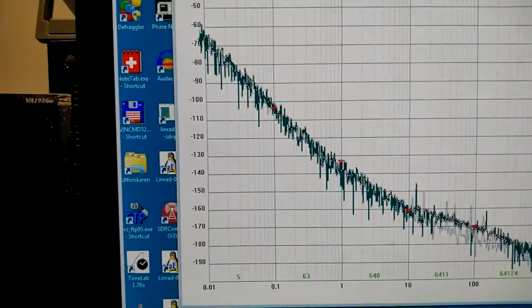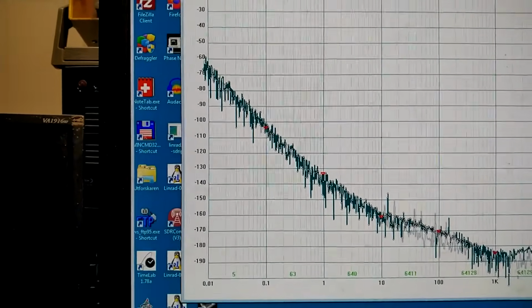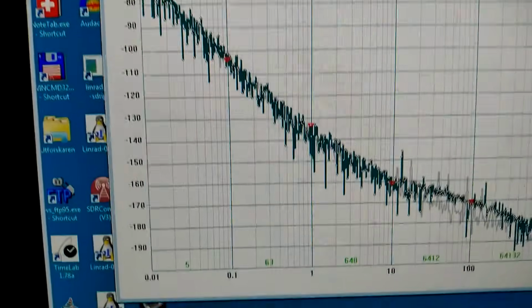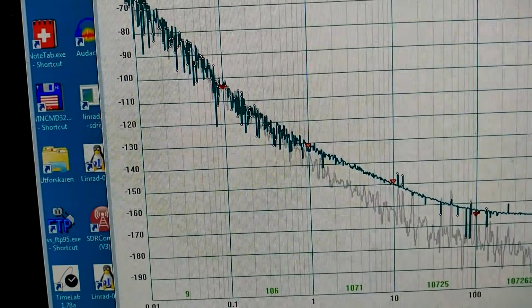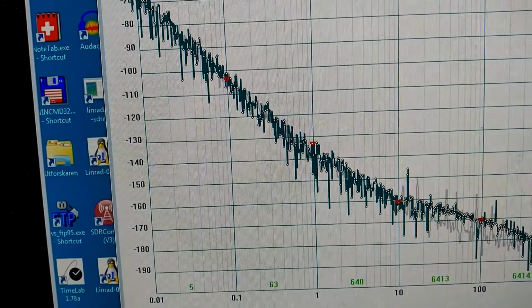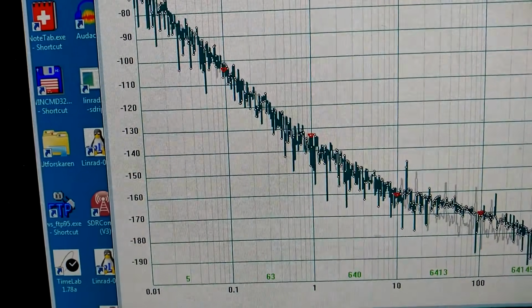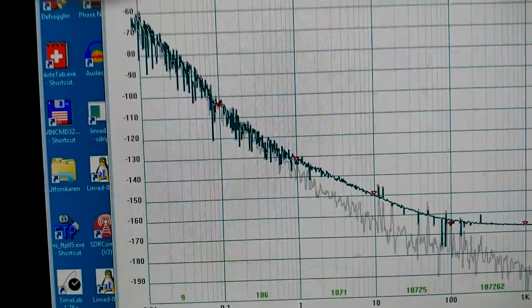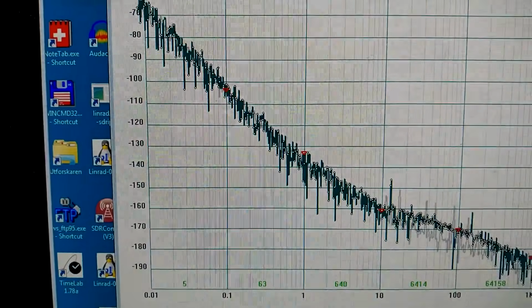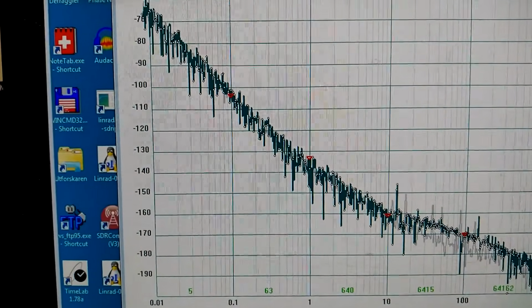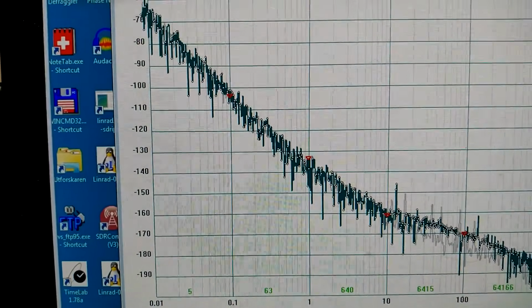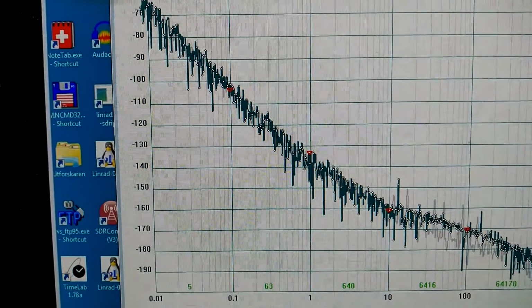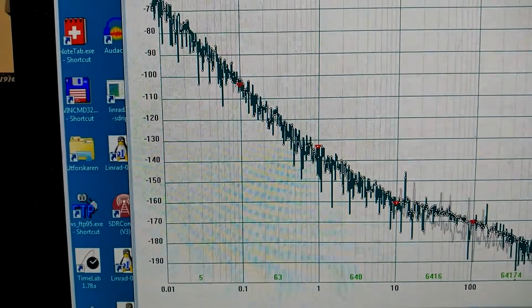I can compare with what I had with a 3 kilo ohm resistor in series. Is here. The difference is more than 10 decibels at 10 Hz offset. But what it is at 1 Hz, I cannot say. But it is much better.